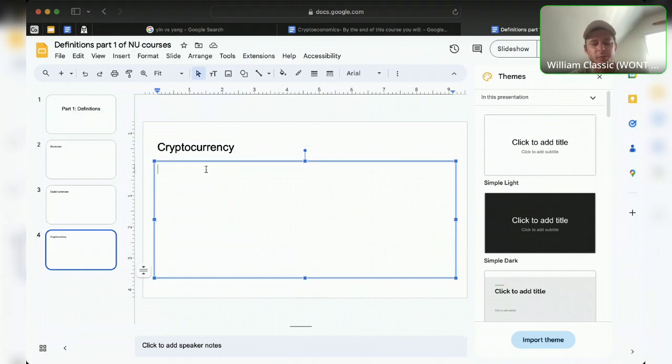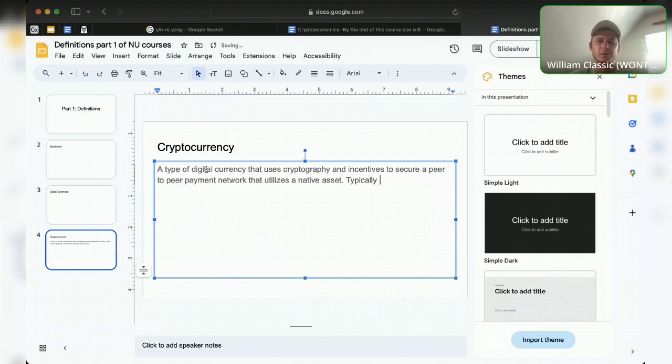And this one I am going to write down right now. This is a type of digital currency that uses cryptography and incentives to secure a peer-to-peer, I don't want to say currency twice, secure peer-to-peer payment network that utilizes a native asset.